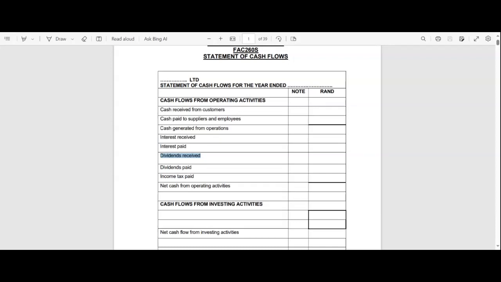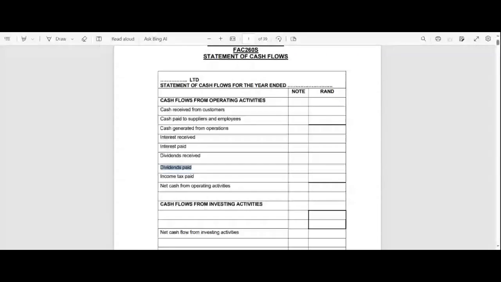Right. Let's go to the next one, ladies and gentlemen. This one is a little bit different in the sense that it's not related to an expense. It's related to something else. Not an expense, not an income, but something else.